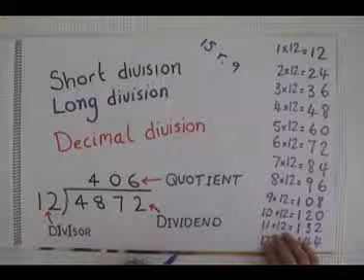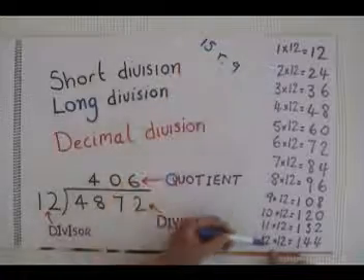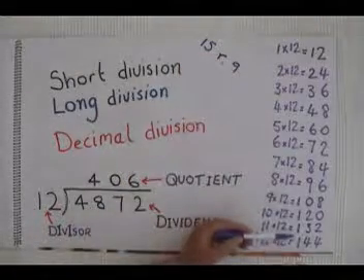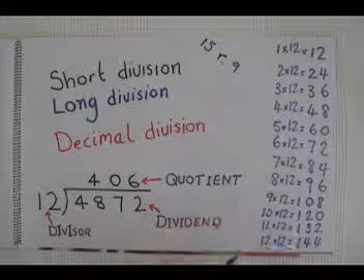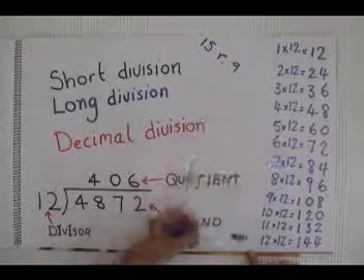Before you start any division sum, I would advise you to write the times table of the divisor down the edge of your page. All of the examples following are using the divisor of the number 12.